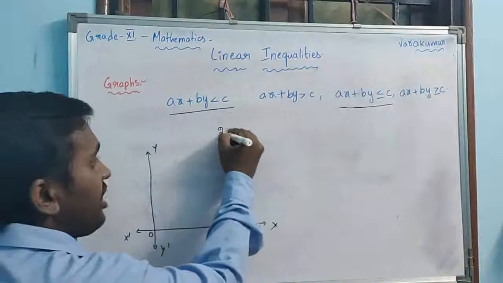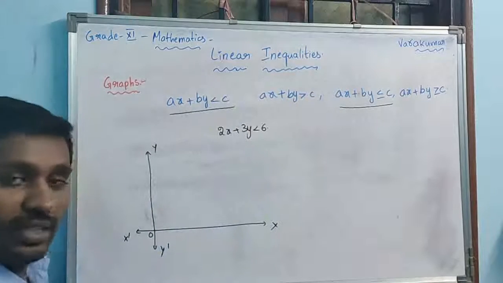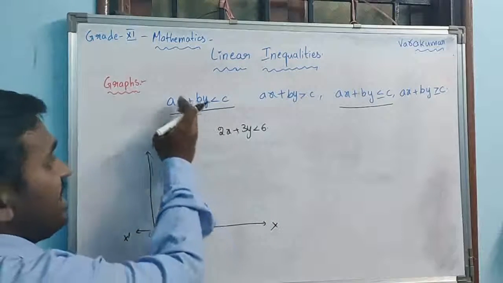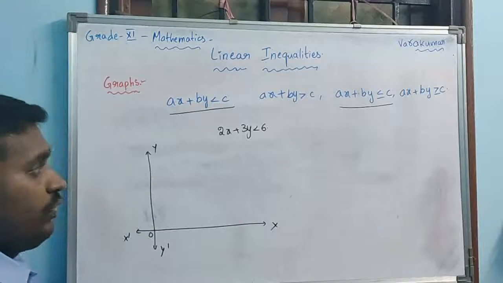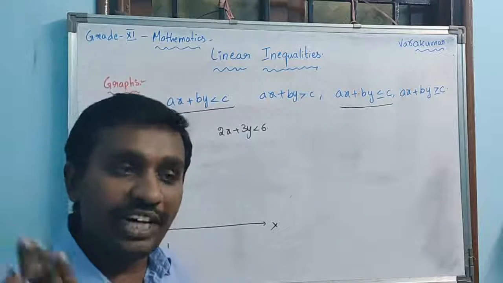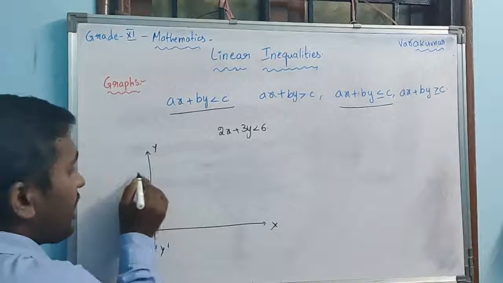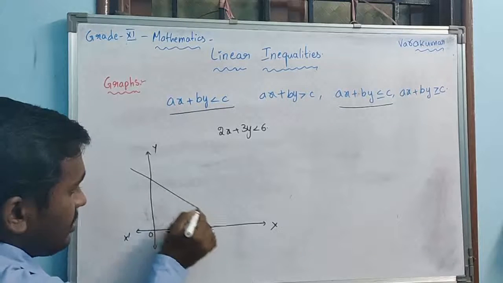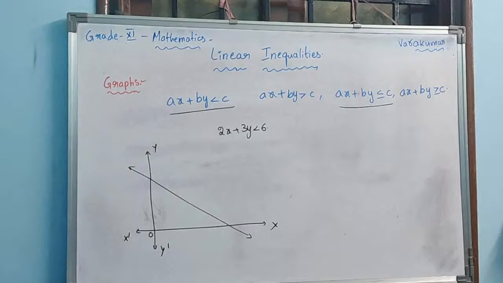For example, take 2x plus 3y less than 6, which means a value 2, b value 3 and c value 6. We learnt already that by placing x value 0 and placing y value 0, we will get the points. Those points we mark on the x-axis and y-axis, and we are going to get it like this.